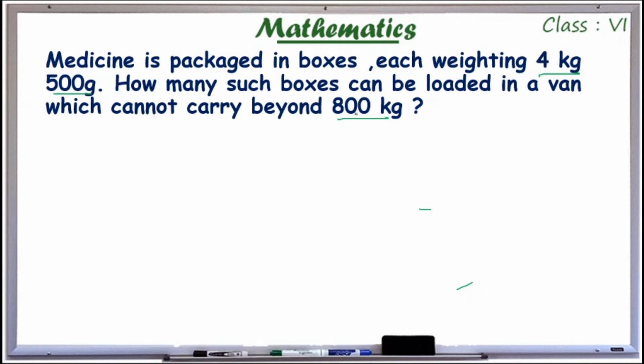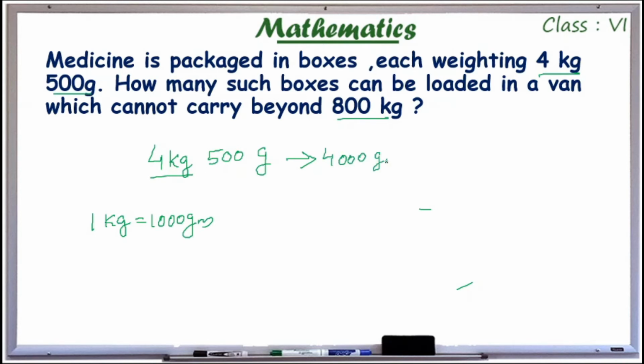So first I have to convert 4 kilo 500 gram to gram. For 4 kilo, 1 kilogram is equal to 1000 gram. So 4 kilo is equal to 4000 gram plus this 500 gram.